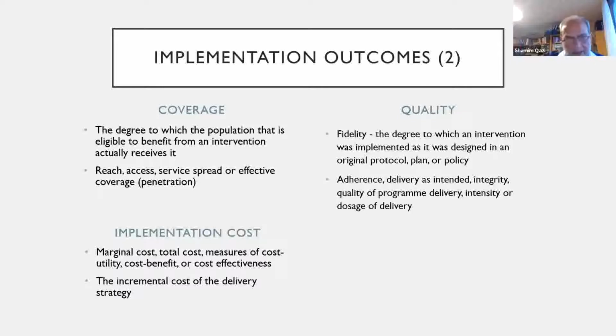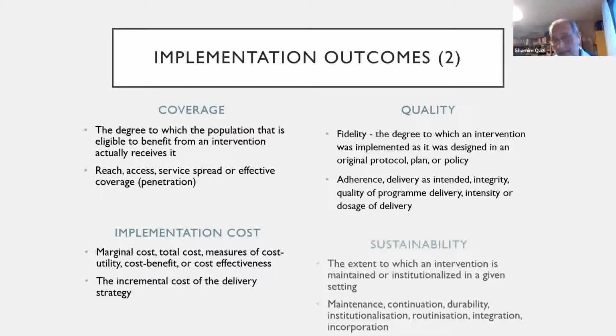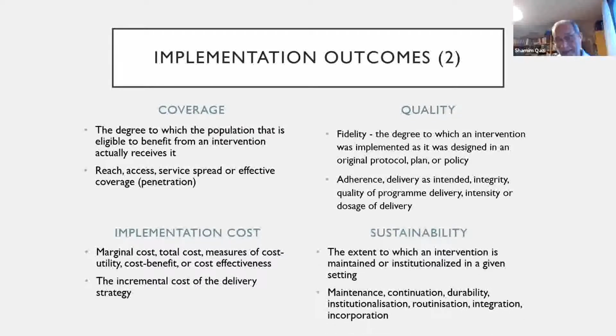Some people look at cost effectiveness and cost benefit, etc. But the government's basic idea is budget. How much money would be needed to scale up this intervention? So it is important to have this kind of information available for helping governments to make decisions for scalability and also for sustainability of the intervention.